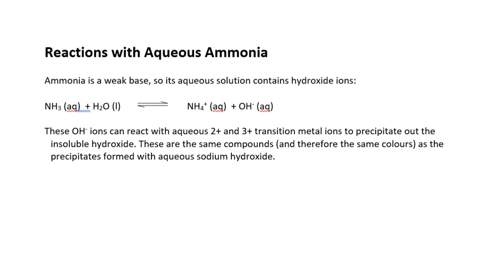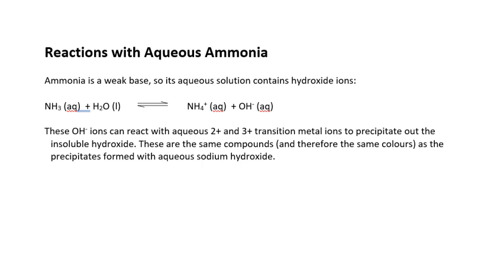When you add aqueous ammonia to the hexa-aqua ions, the story is a little bit more complicated, because ammonia can do two things. The first is that you know that aqueous ammonia is alkaline because of the ability of ammonia to act as a base, take H+ away from a water molecule, and form ammonium ions, which leaves OH- behind and makes the solution alkaline.